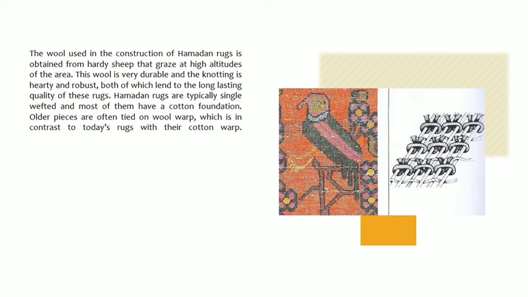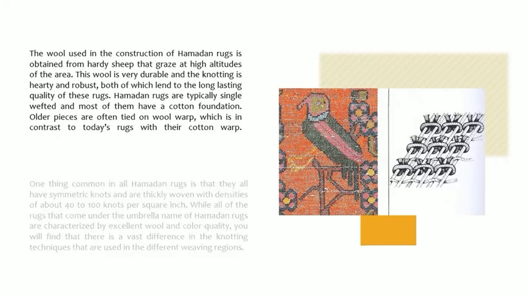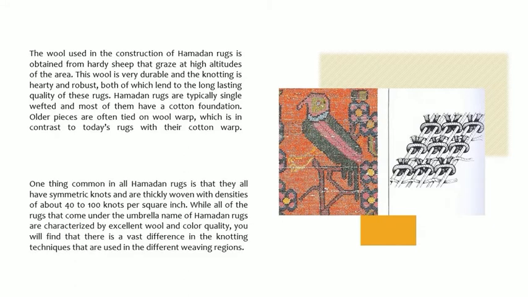This wool is very durable, and the knotting is hardy and robust, both of which lend to the long-lasting quality of these rugs. Hamadan rugs are typically single-wefted, and most of them have a cotton foundation. One thing common in all Hamadan rugs is that they all have symmetric knots and are thickly woven with densities of about 40 to 100 knots per square inch.